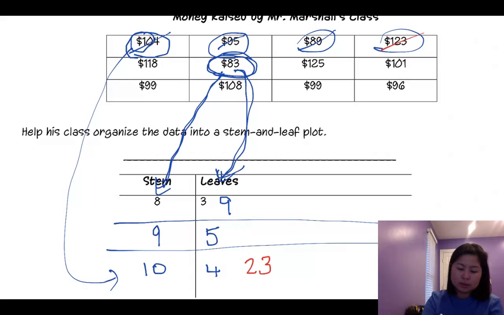And then we can do 118, 125, 101, 99, the 9, and then I can put down the 9, 108, 99, there's another 99, and then 96, just a 6.